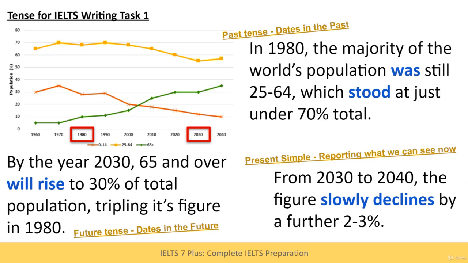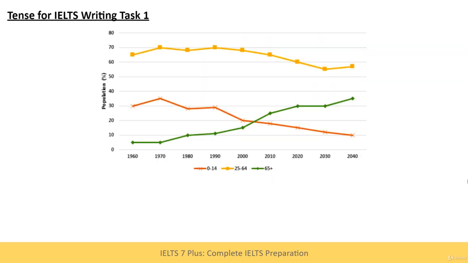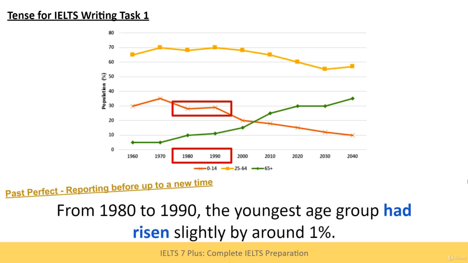And the examiner will be really impressed if you can use them in the correct place and accurately. There's also one other tense, an advanced tense, which we can use within our Task 1 report, and that is the past perfect. So I'm looking at these dates, 1980 to 1990, and I can use the past perfect like in this example here. From 1980 to 1990, the youngest age group had risen slightly by around 1%.